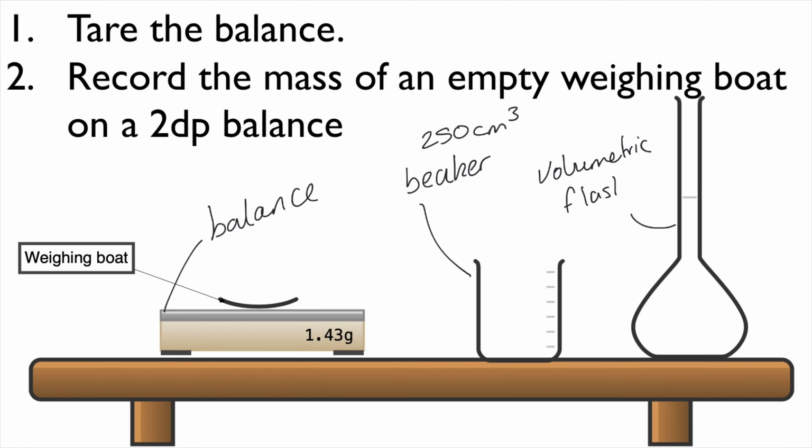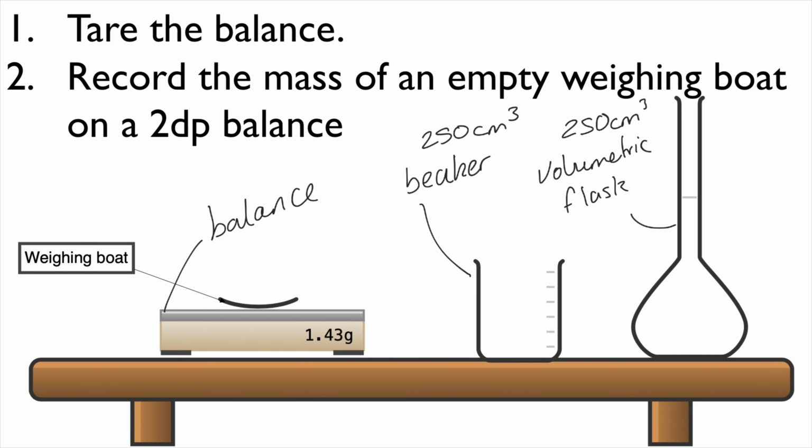Again, this does depend on the size of the standard solution you need to make, but probably a 250 centimeter cubed volumetric flask. In addition to this, you're also going to need some distilled water, a spatula and a filter funnel. We've also got a weighing boat or a weighing bottle potentially, and that's to weigh the mass of solid on.